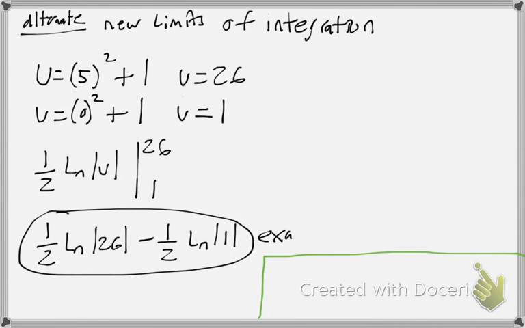So that's the exact, and the decimal will be here. So if you want to not substitute into the original answer the x, you can always change your limits of integration to be with regards to u, and then plug those in. So two different ways to get the same thing.